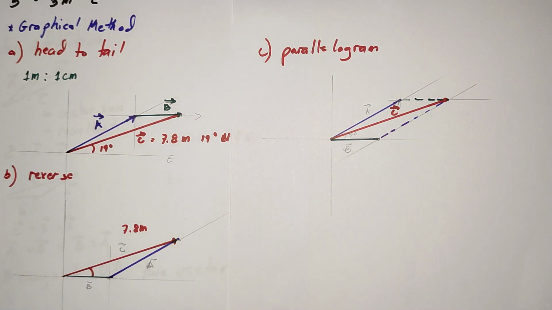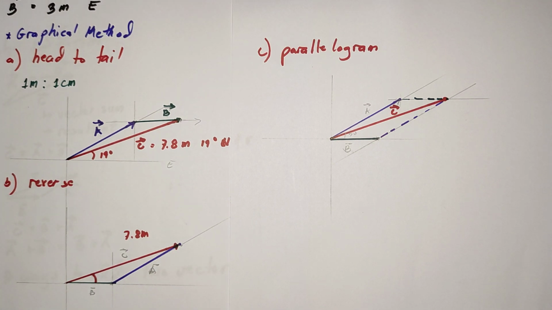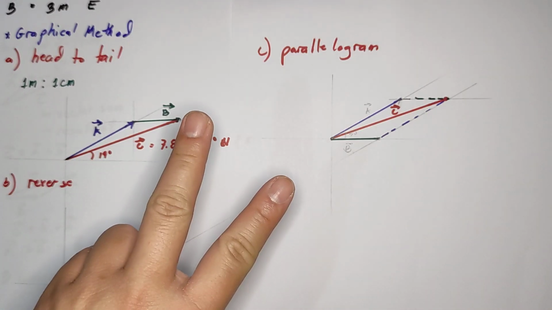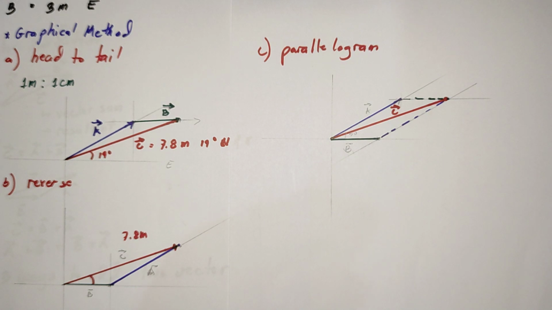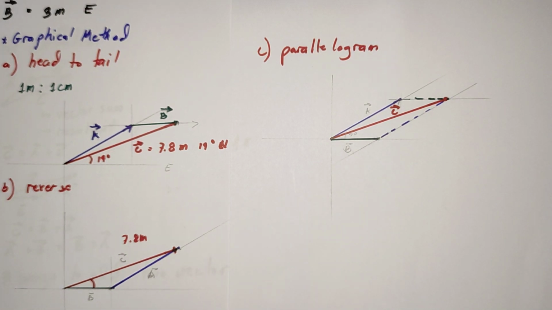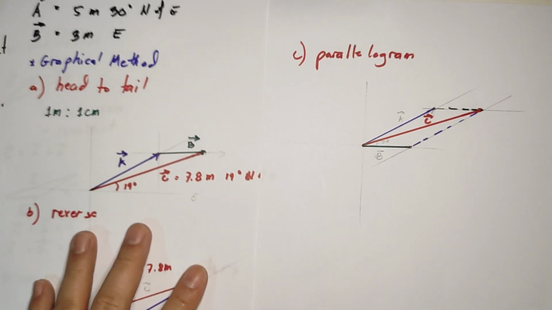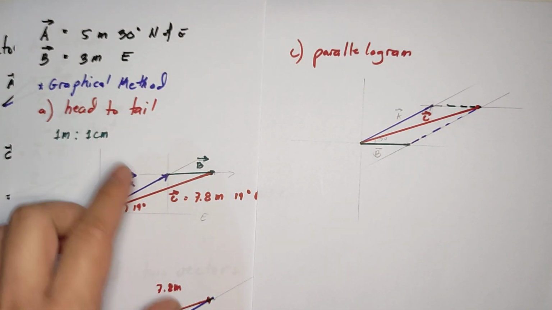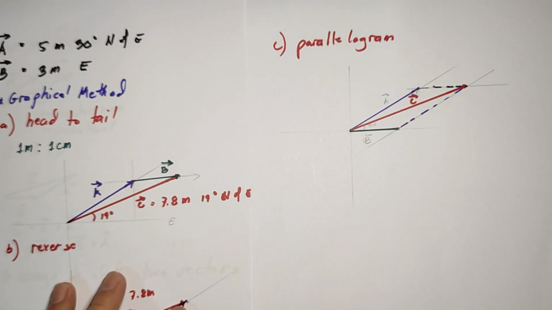So those are the 3 ways to solve this. Later on, we will be dealing with multiple vectors. That's another method, but first, you have to learn the graphical method so that you will understand fully.